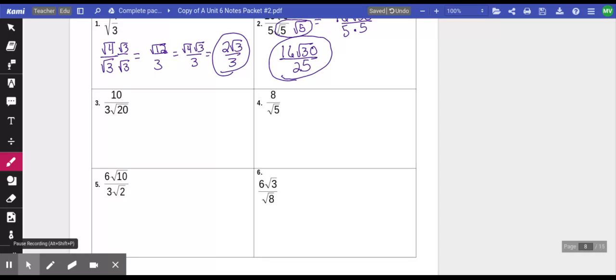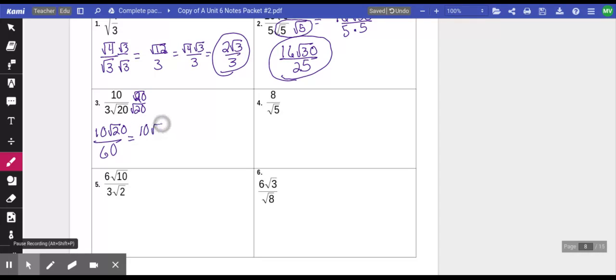Okay, so number 3, I'm going to multiply by radical 20 over radical 20. That gives me 10 radical 20 over 60, because 3 times 20 is 60. I can simplify radical 20 because it's got a perfect square factor of 4.